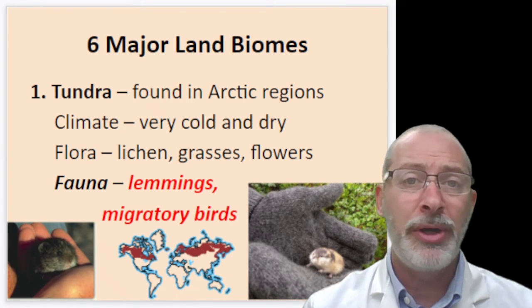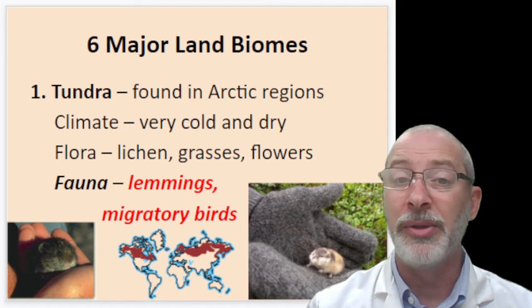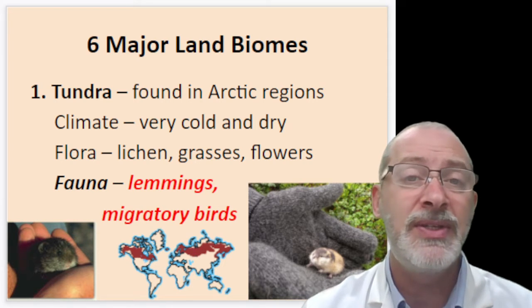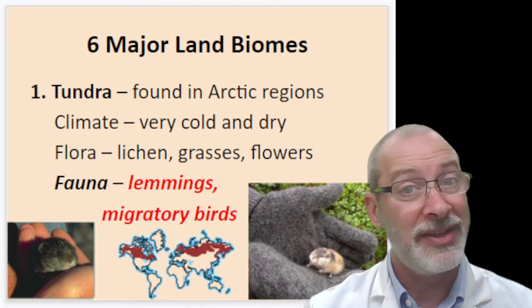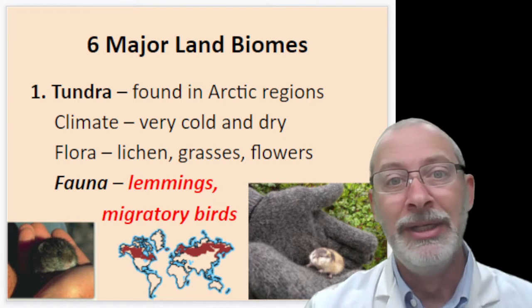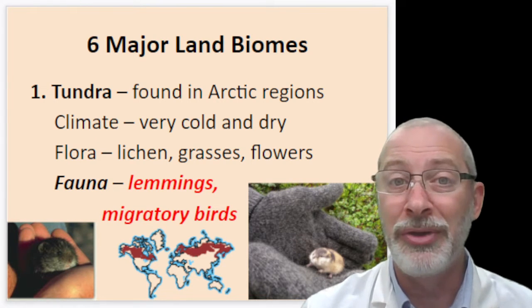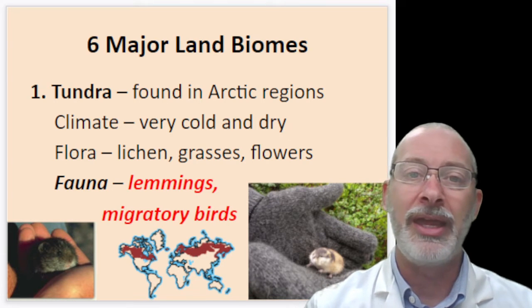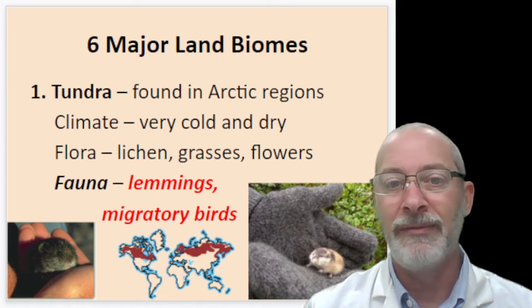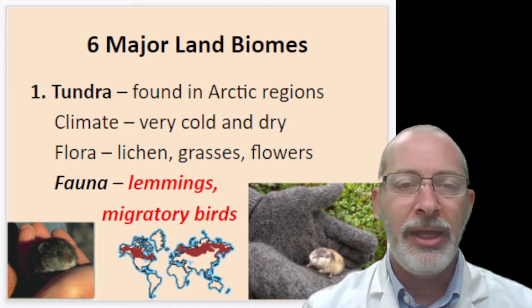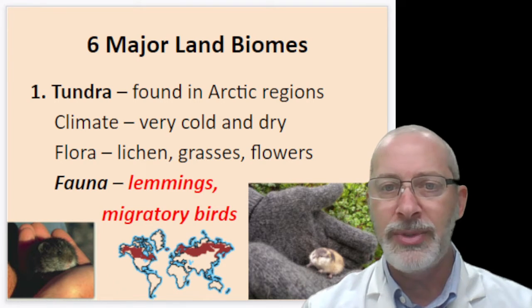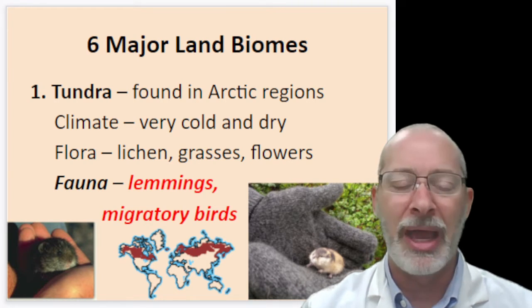And migratory birds take advantage of the very brief warm seasons in the tundra, and then when things get really cold, they move out. They go to more southern biomes where they can live out their lives. So the major fauna in tundra biomes include lemmings and migratory birds.